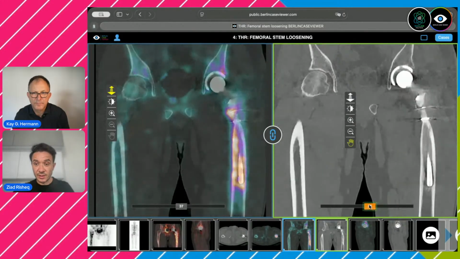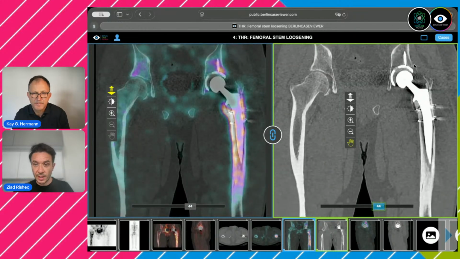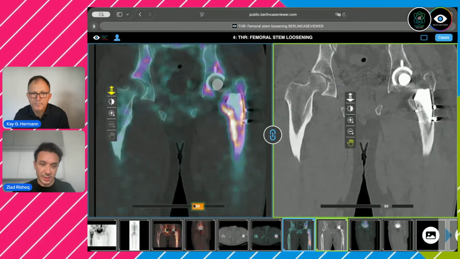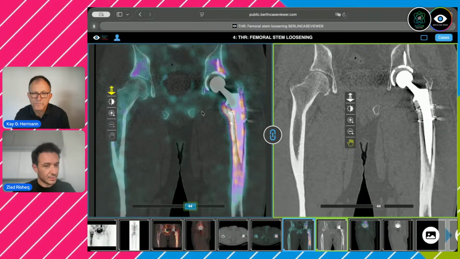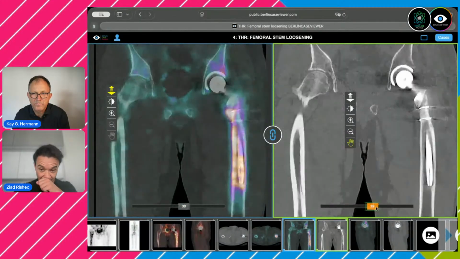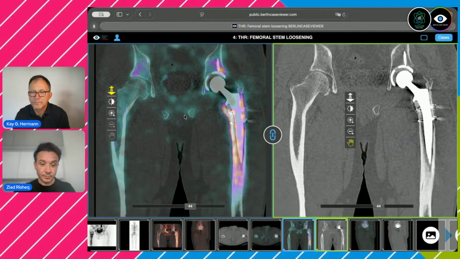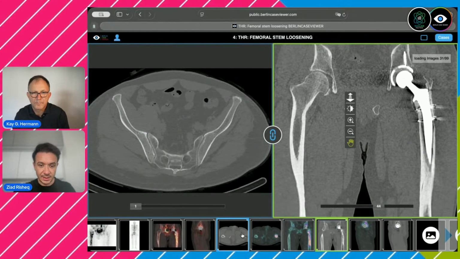So this is why you see sometimes uptake over here and osteophytosis over here. But this is normal. When you see uptake over here and it is not corresponding to a lucency, this is just normal uptake in zone 1. This is definitely abnormal according to the CT and to the SPECT CT. Let's take a look at the axial images.